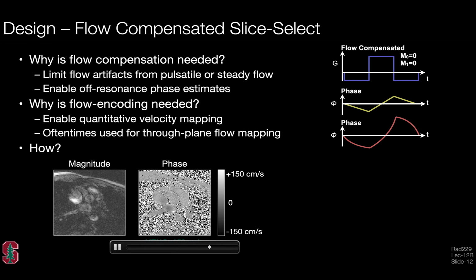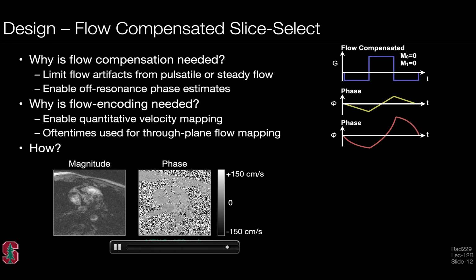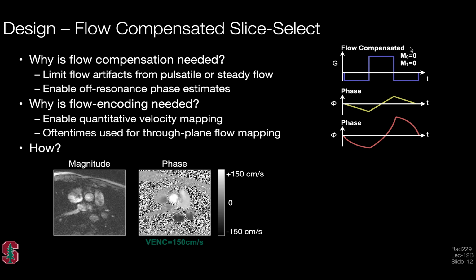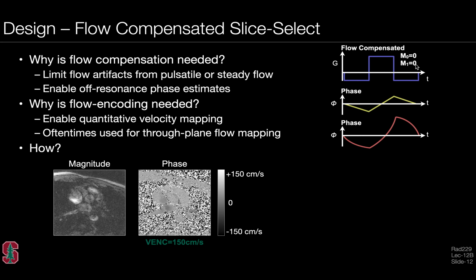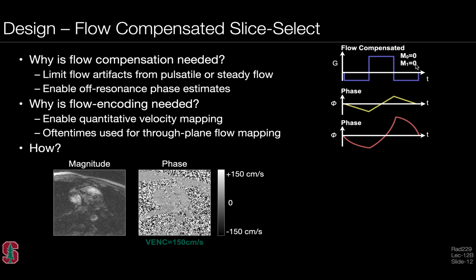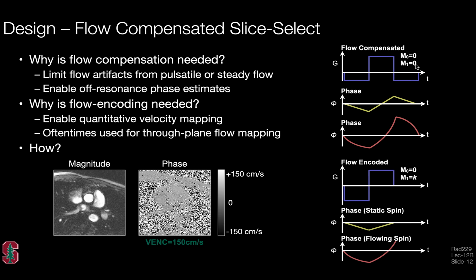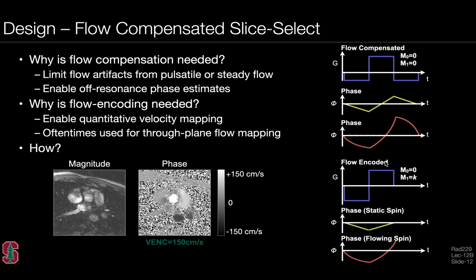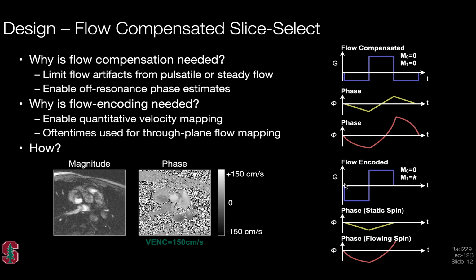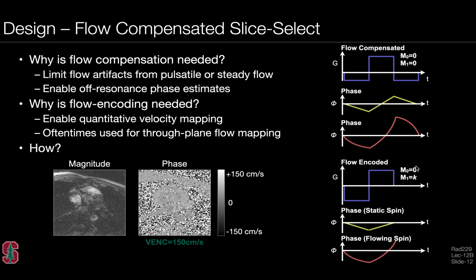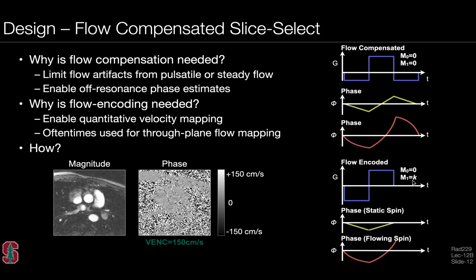So you'll recall from the motion encoding lecture that for a gradient waveform to be flow compensated, the 0th moment was 0 and the first moment was 0. And this would ensure that spins that were either flowing or static returned 0 net phase. And the other possibility was to do so-called flow encoding, and to do so you needed a gradient waveform that looked something like a bipolar, which would have a 0 M0, no net area, but would have a non-zero M1.